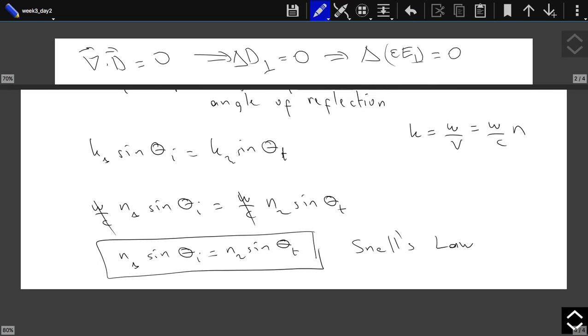Okay, so now we have the Snell's law. You see, Snell's law in a sense is analogous to our claim that the frequency of the reflected and the transmitted wave is the same.